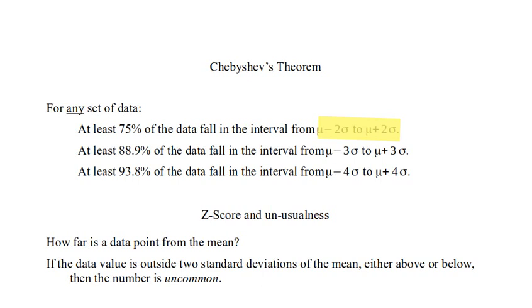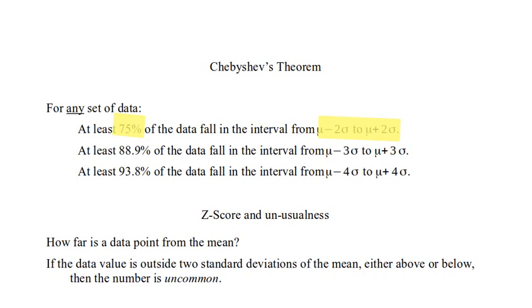Really, there's 4 standard deviations here, 2 to the left and 2 to the right. But we can say within 2 standard deviations, we get 75% of the data. Remember, this is true for any data set, assuming that you know the population mean and the population standard deviation.